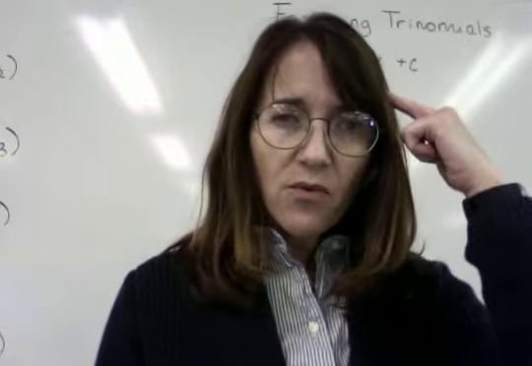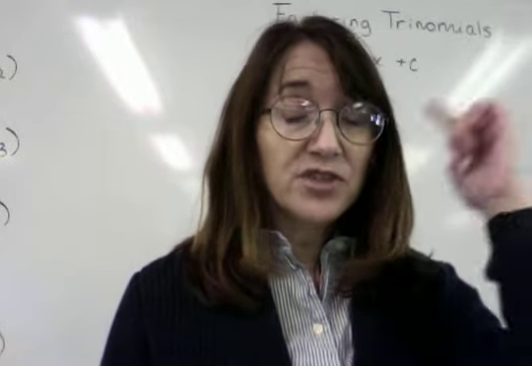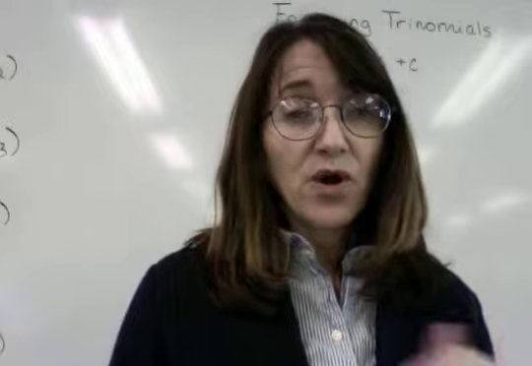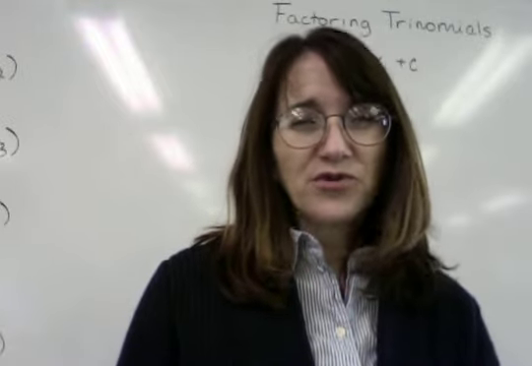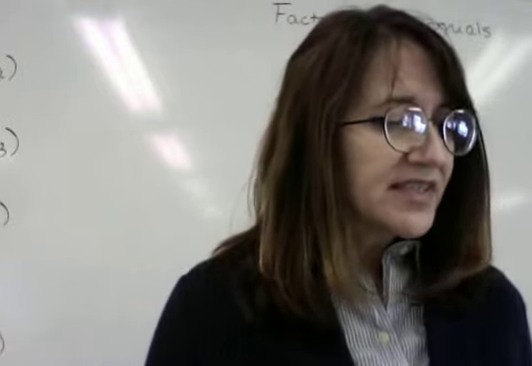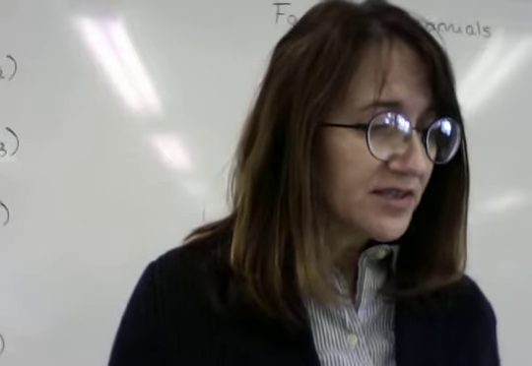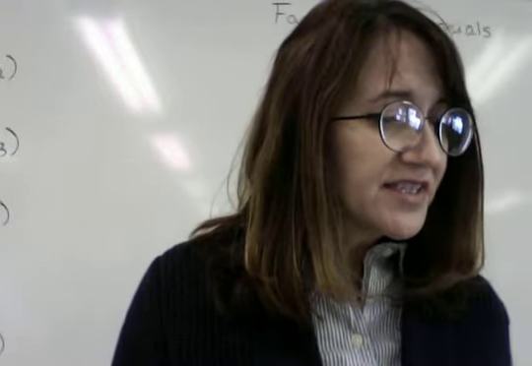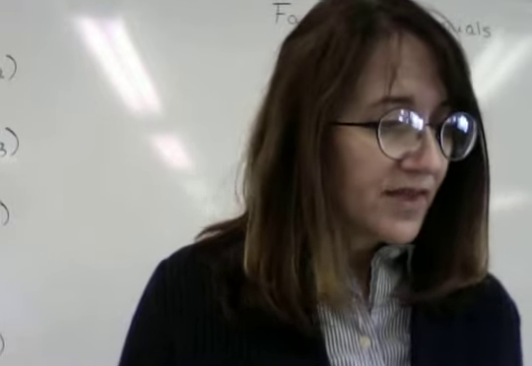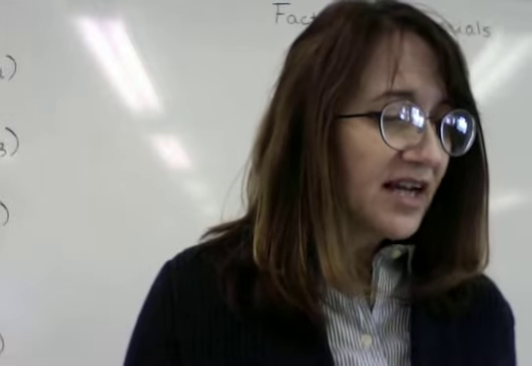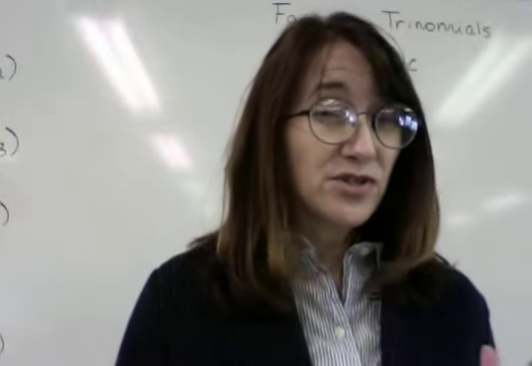You have to think about what my signs would need to be in the binomial in order to get an example for the trinomial. So if the sign of C is positive, then the signs are the same. The factors will have to have the sign of the trinomial's middle term.